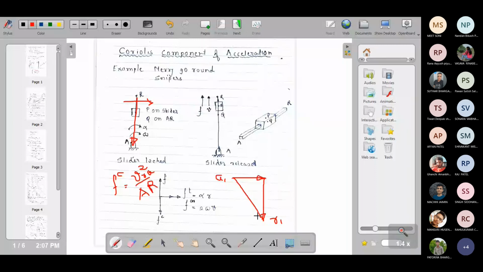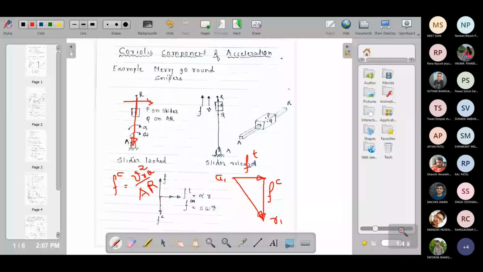Now you can measure this. Suppose I ask you to find the acceleration of point R with respect to A. What you can do is measure this component A1 R1 and convert it according to your scale. This is the tangential component, so I can denote it as T, and this is the centripetal component, so I can denote it as C. Is this clear?